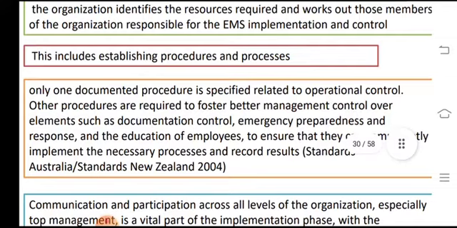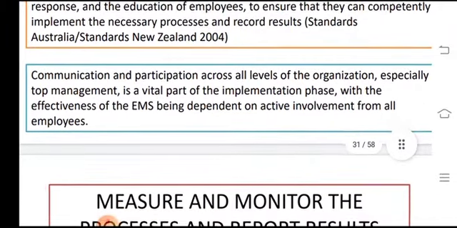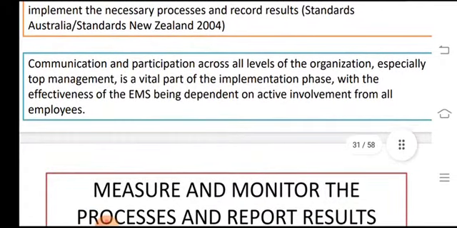Only one documented procedure is specified, related to operational control. Other procedures are required to foster better management control over elements such as documentation control, emergency preparedness and response, and the education of employees.